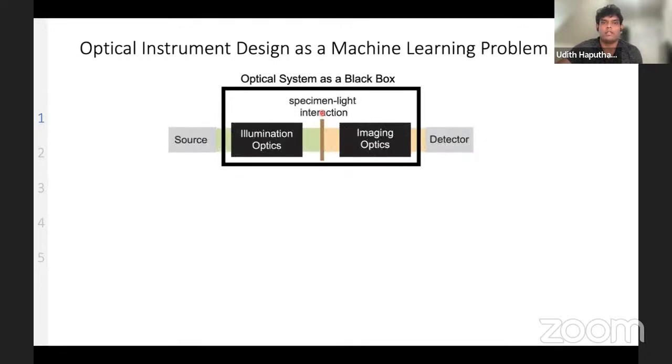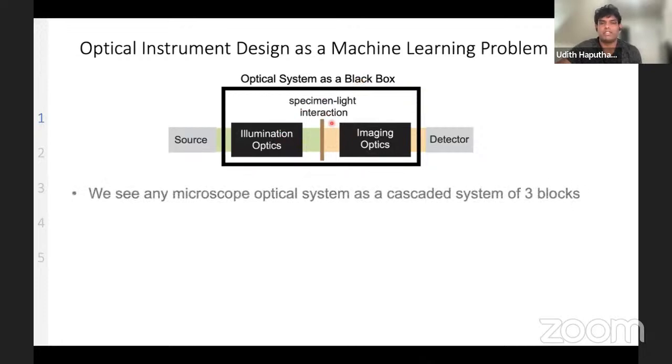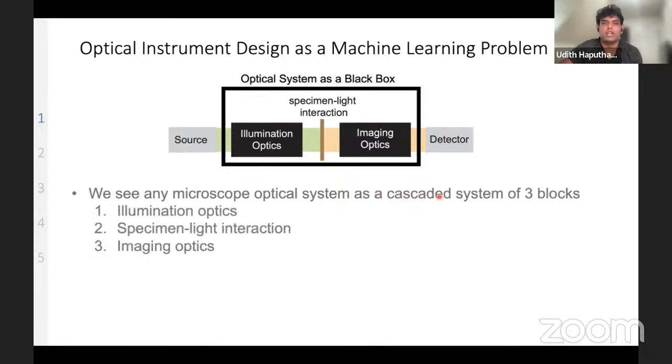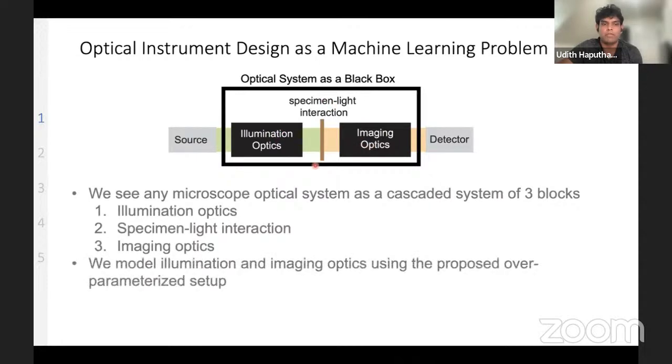So this is what the black box looks like. Any microscope setup is generally a cascaded system of 3 blocks: illumination optics, specimen light interaction, and imaging optics. We model the illumination and imaging optics using the proposed parameterized setup that I discussed in previous slides.